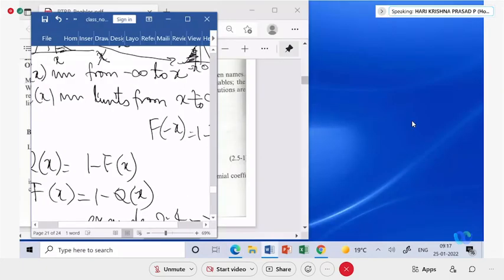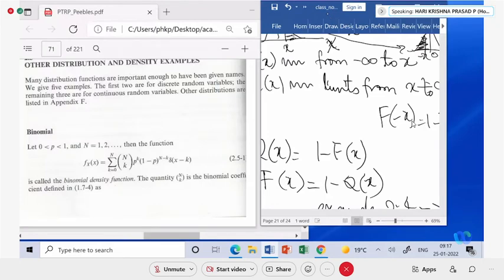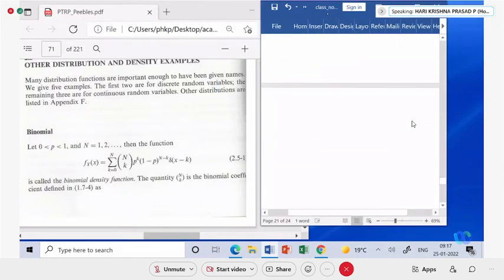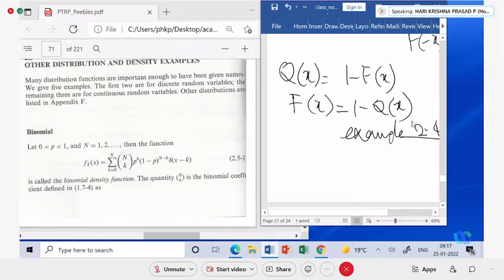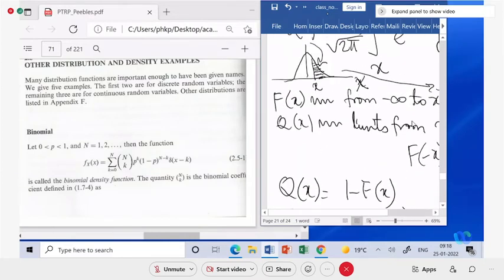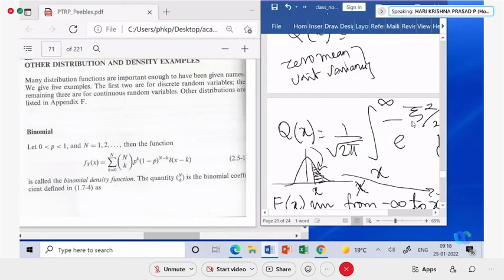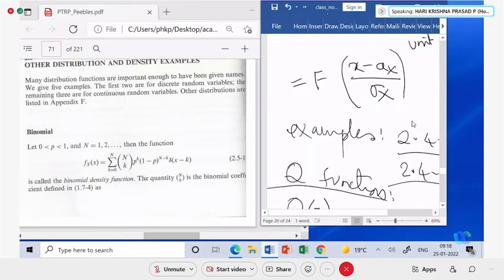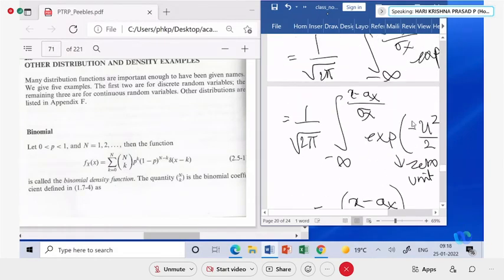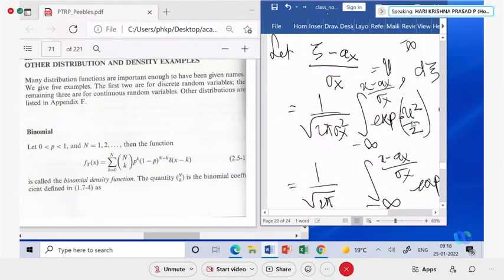In the previous class, we considered an experiment that has only two possible outcomes, the probability of occurrence of one outcome is small p, and the probability of occurrence of the second outcome is, say, 1 minus p.